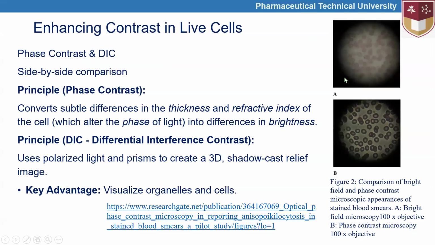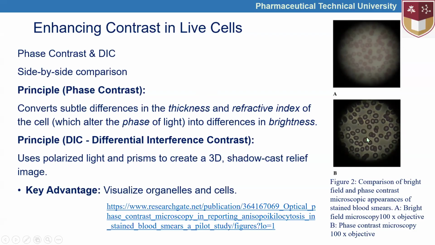So by enhancing the contrast, we can obtain these kinds of images, which can tell us more about the properties of small objects.